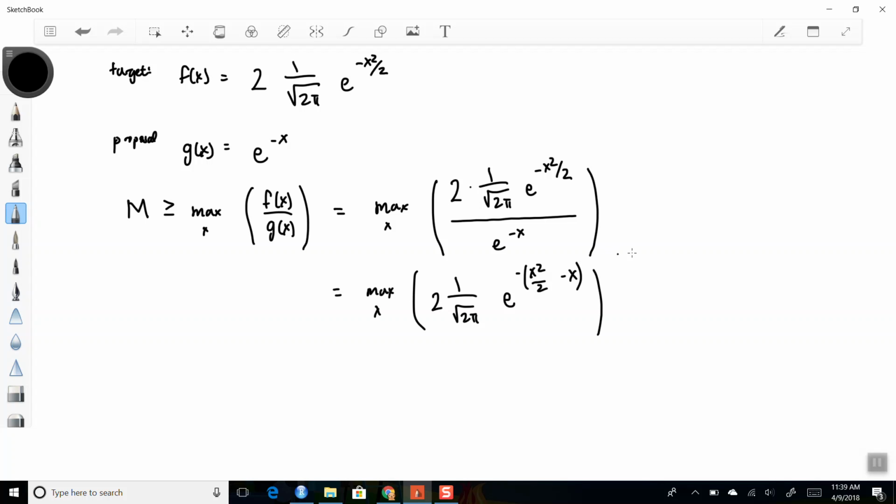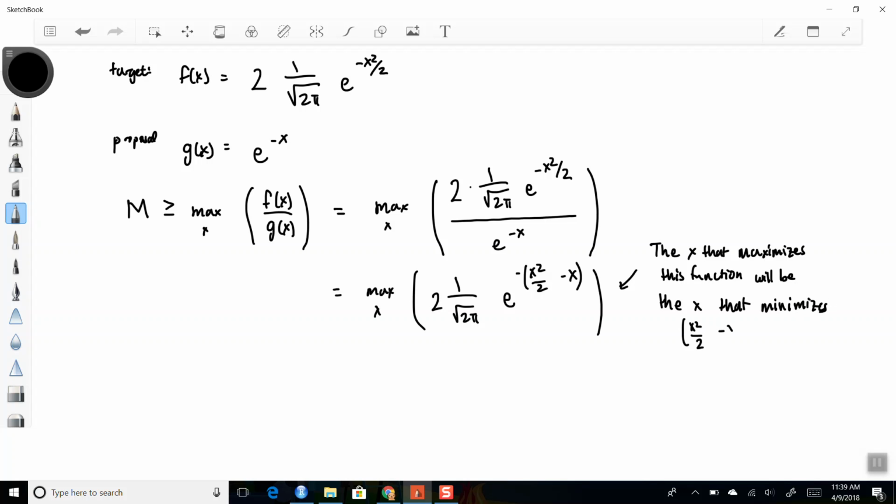And basically, the x that maximizes this function will be, because it's e raised to this negative exponent, the x that minimizes the quantity x squared over 2 minus x. Make sense?